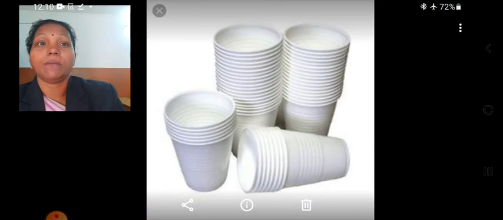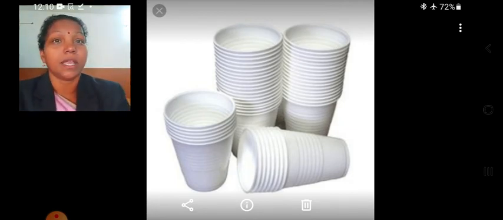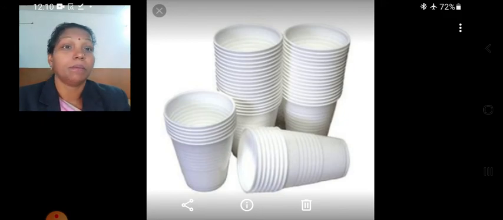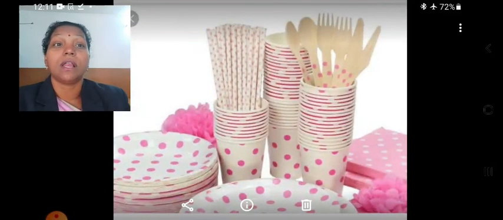We are also familiar with paper plates, paper cups and glasses. They do not create any problem to the environment. They keep our environment neat and clean because they are made of paper, and if they are thrown outside, knowingly or unknowingly, they will be automatically decomposed by nature because all these are natural materials.